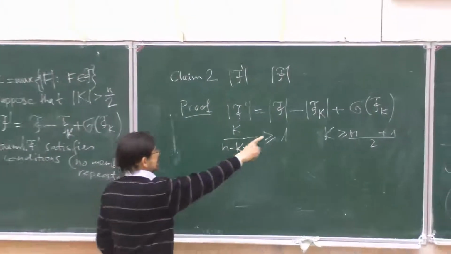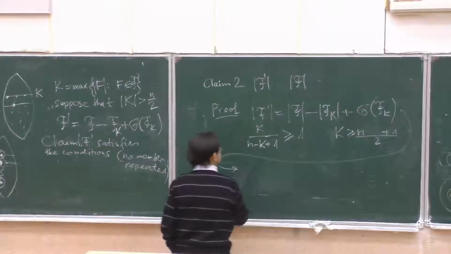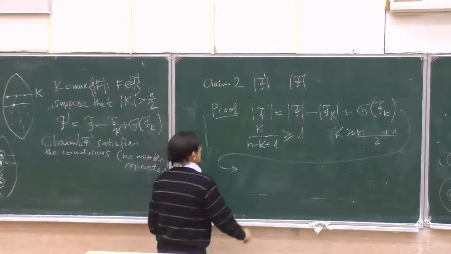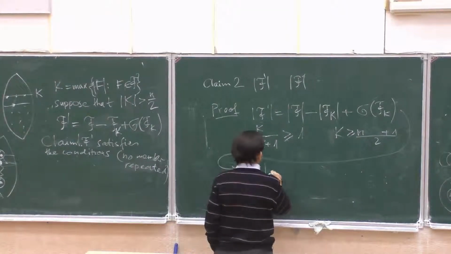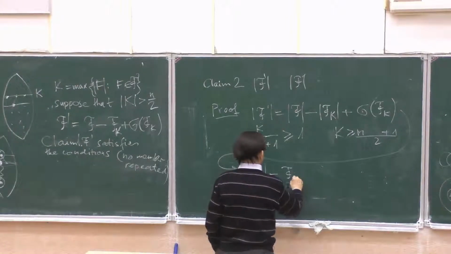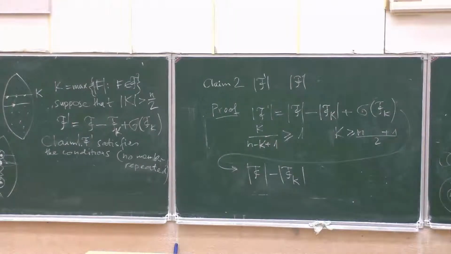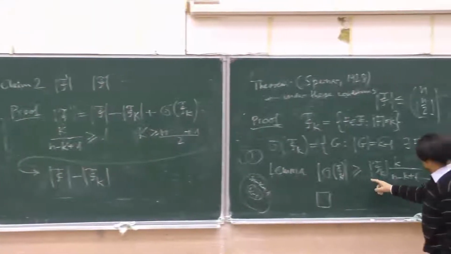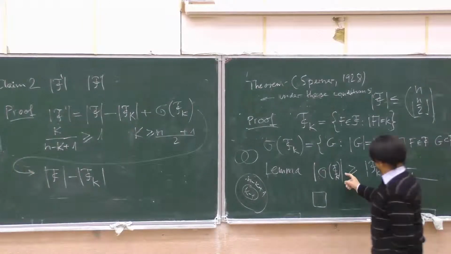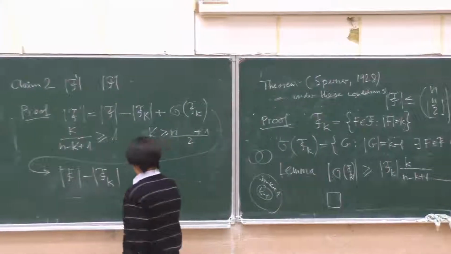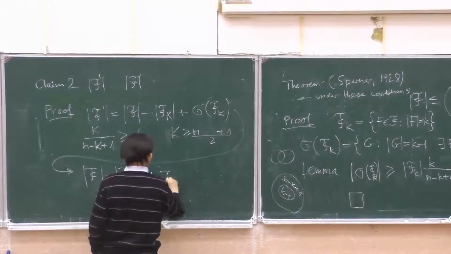And so then continue this inequality here. And this is more than ½, so it will be more than fk. So this is more than fk.